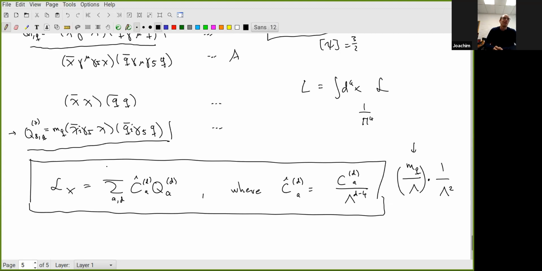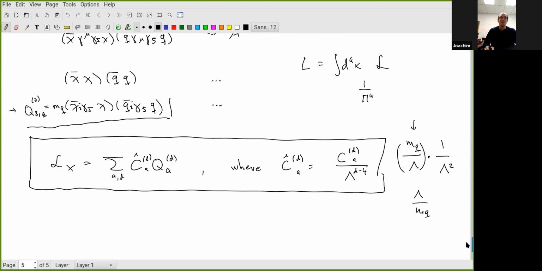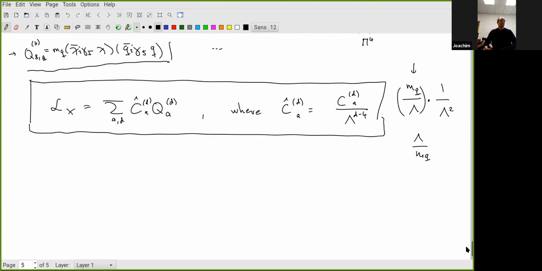And if this doesn't come out of your model, then you just rescale everything by an inverse factor, and then this thing drops out. Let's not get worried about this factor. Let's just keep this quark mass there.